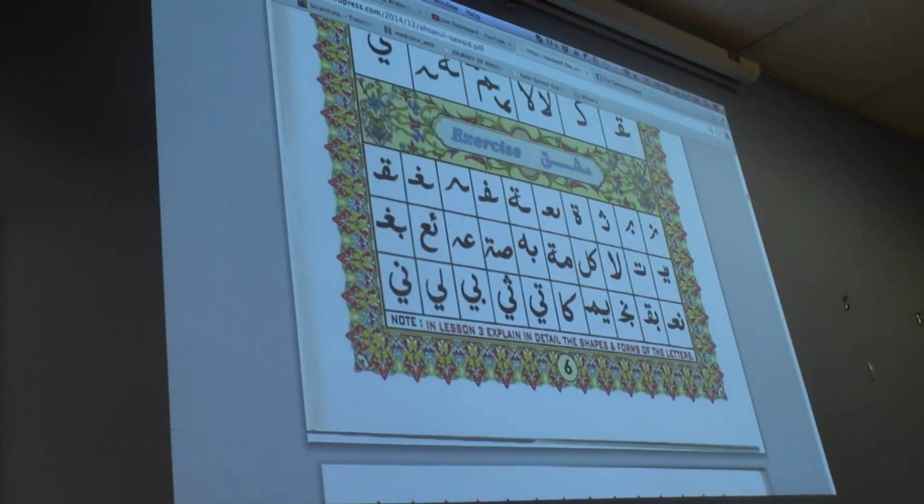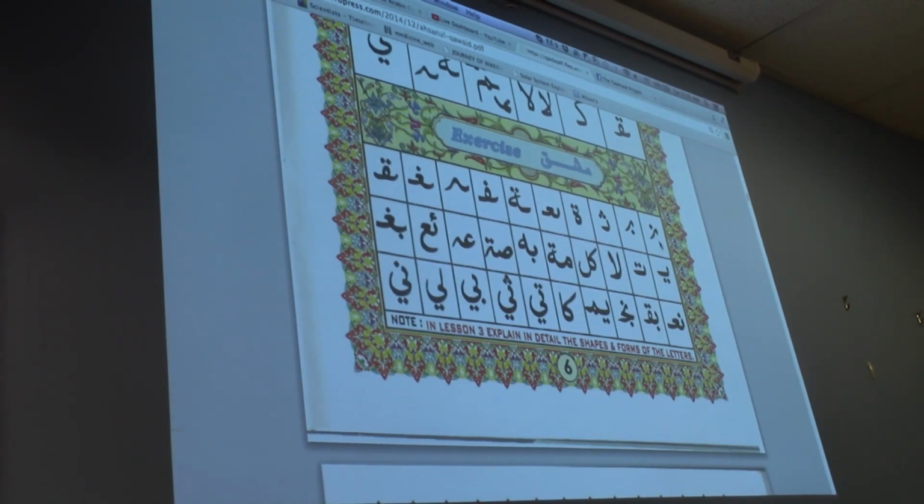Dot on top. If a dot is on the bottom, it's a ba. If one dot is on top, it's going to be a noon. Now this noon looks totally different, right? That's why it's important to memorize how many dots each letter has. That's going to help you in recognizing the different forms of writing it.